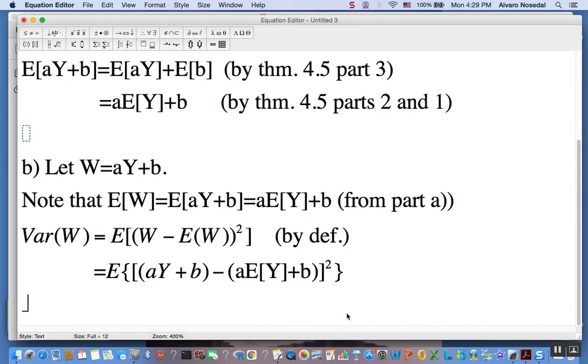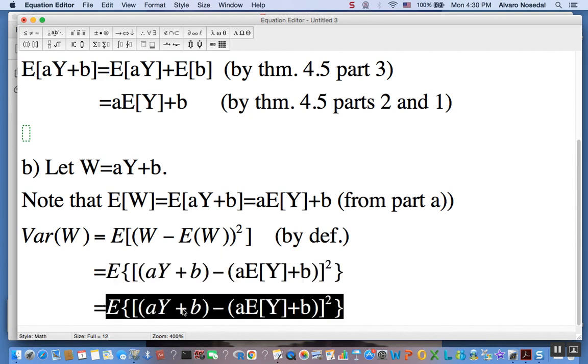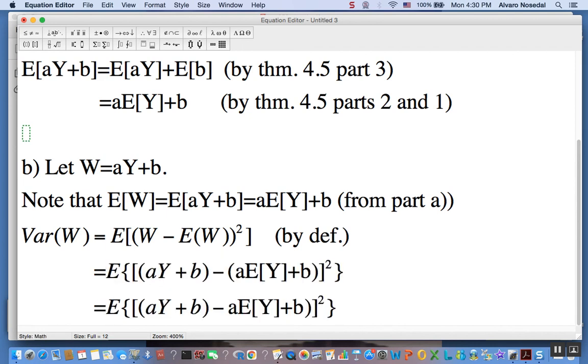Now let me expand this and try to simplify. That's the same as minus a times the expected value of Y minus b, and then we have the whole thing squared. Let me remove these brackets.